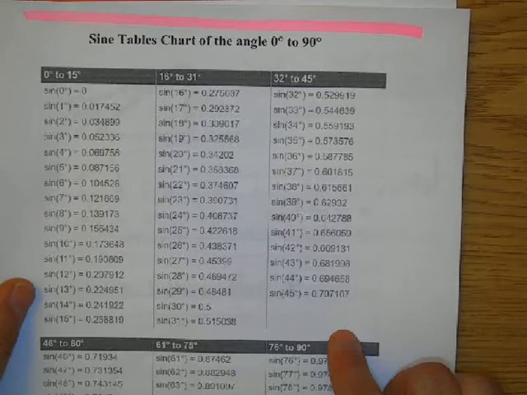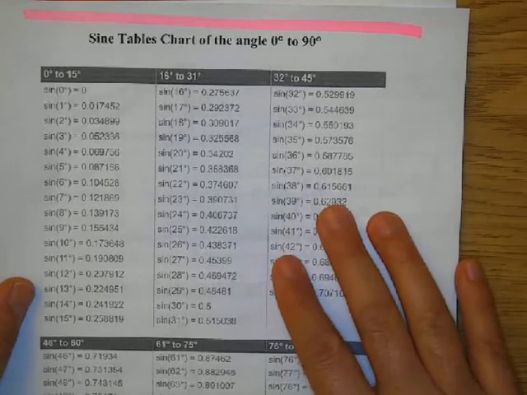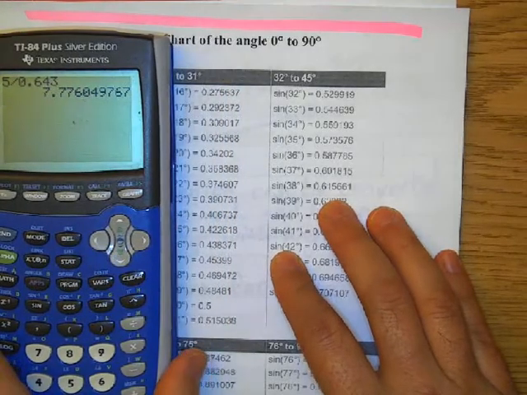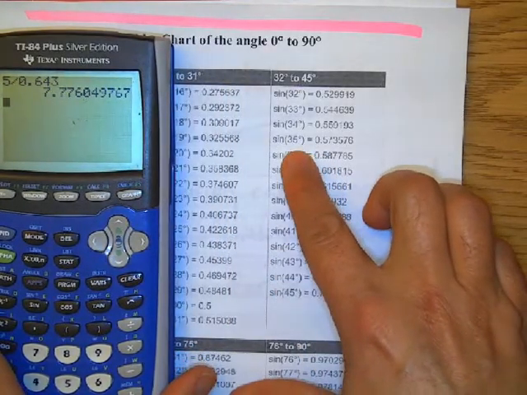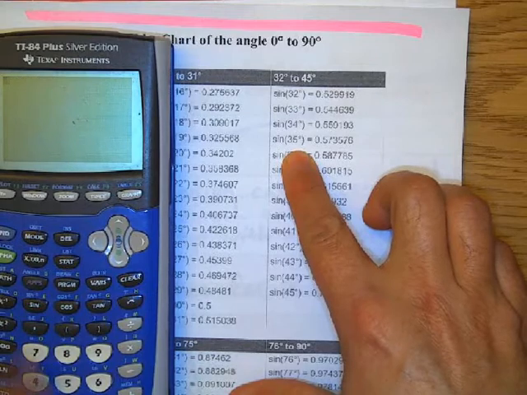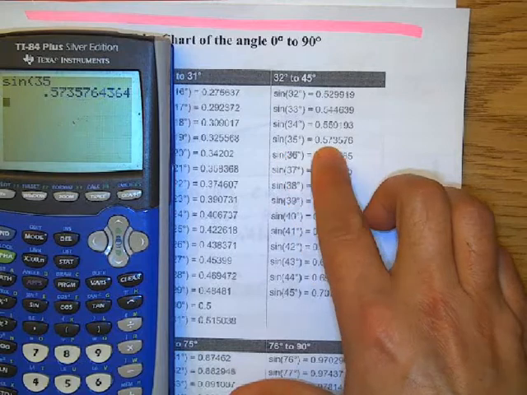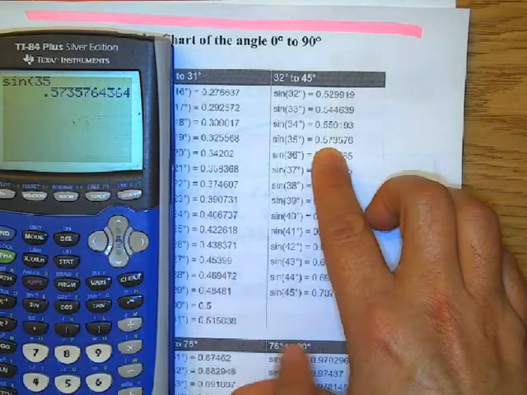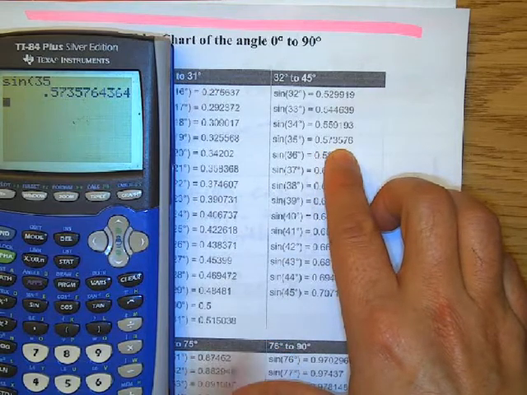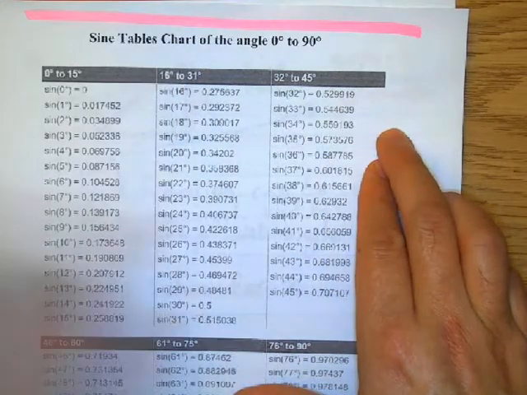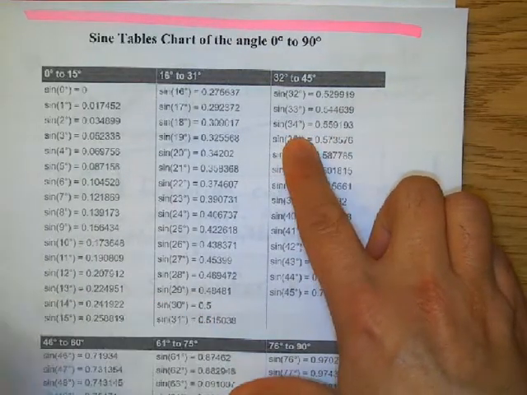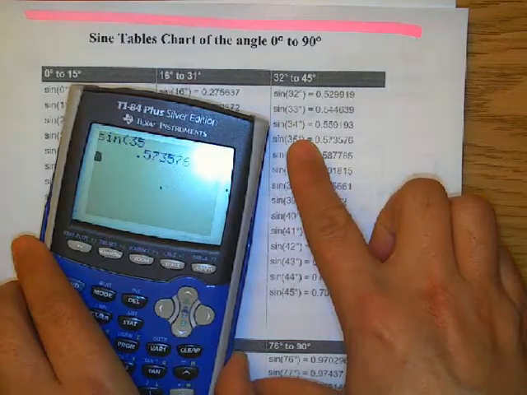You can use this chart if you want, or you can use a calculator. So for example, let's do sine 35. I can type in my calculator sine 35 degrees, enter, and notice it's going to give me the same value, 0.5735. So I could use this table to make the conversion between the ratio and the decimal, or I can simply use the calculator.